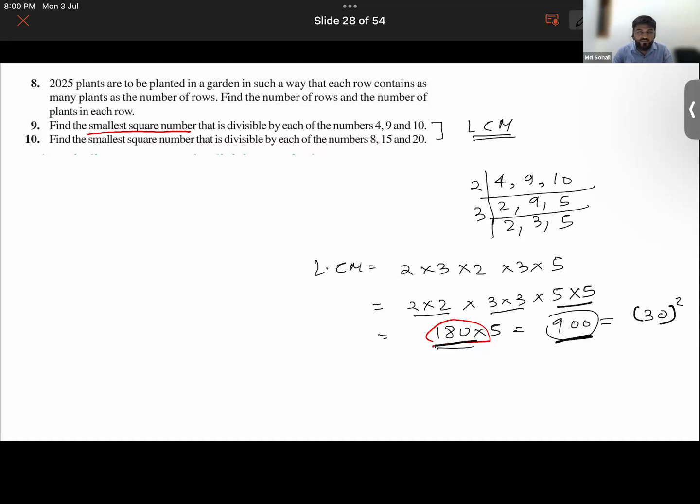But we know that 180 is not a perfect square. If you look at the prime factors, this 2 and 2 are in pair, 3 is also in pair, but 5 was not in pair here. So if you multiply it with 5, we will get a perfect square number.